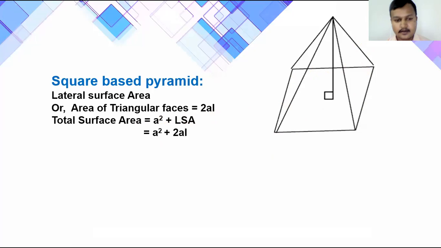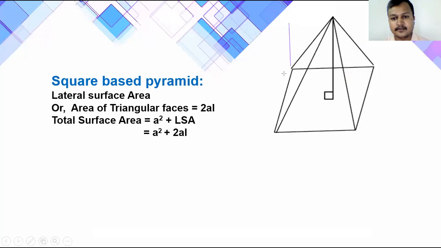Similarly, volume of pyramid, as we said, cone is formed from the cylinder. Just as a cone is made from a cylinder, a pyramid is formed from a cuboid.